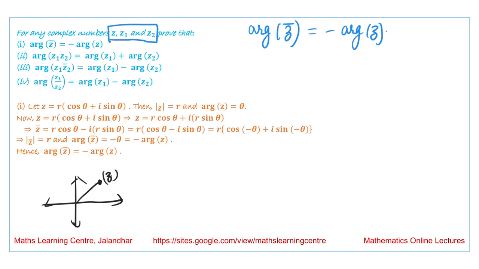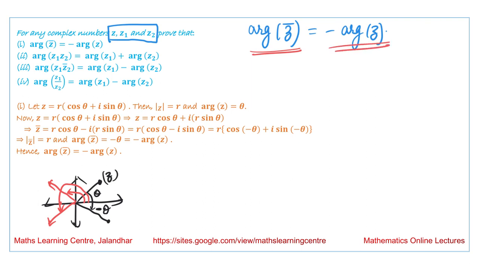We know that the conjugate of z means we take its image along the x axis. So if this angle is theta, this angle will be minus theta. We have to prove that the argument of z bar is equal to minus argument of z.